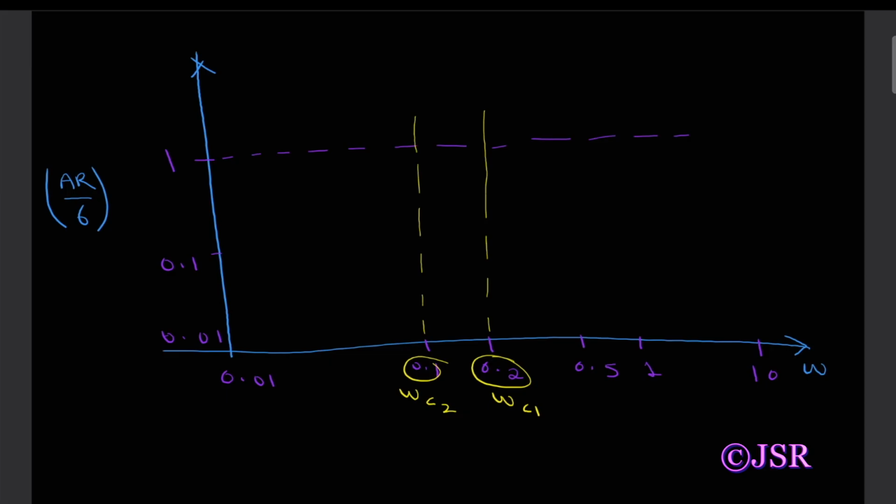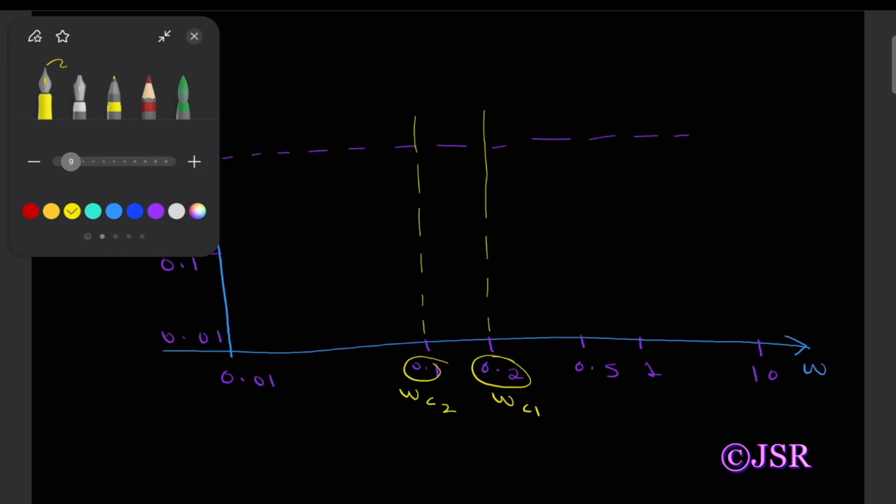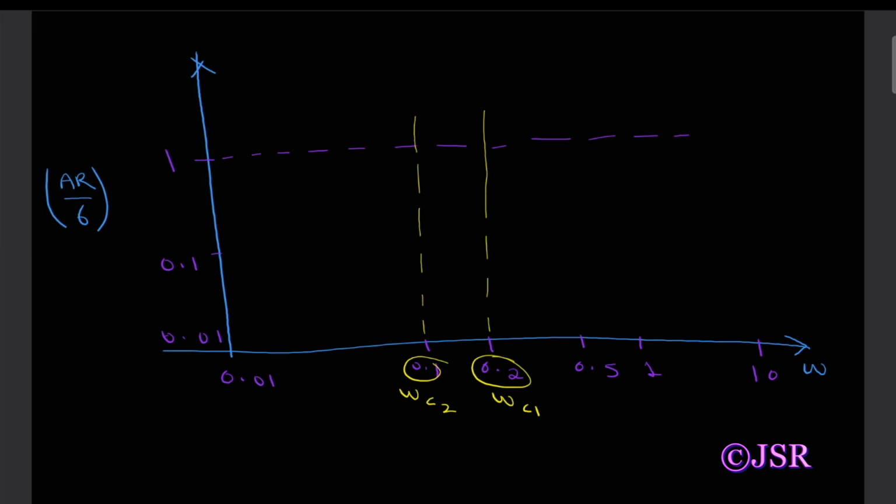So for a first order system, 1 upon 5s plus 1, so the tau 1 is 5.